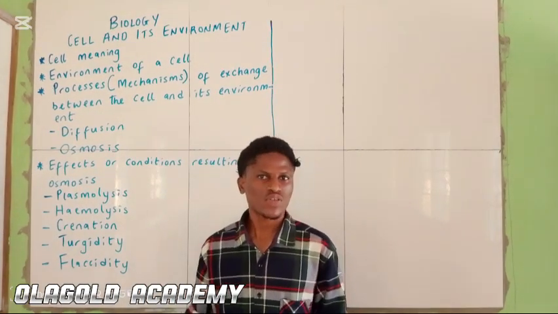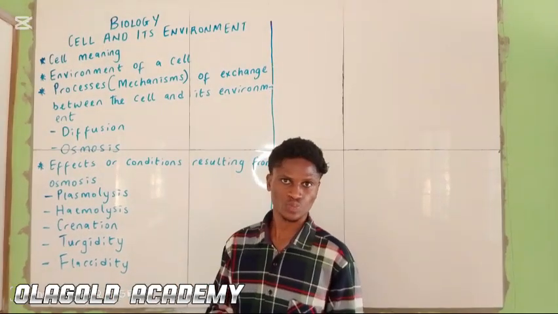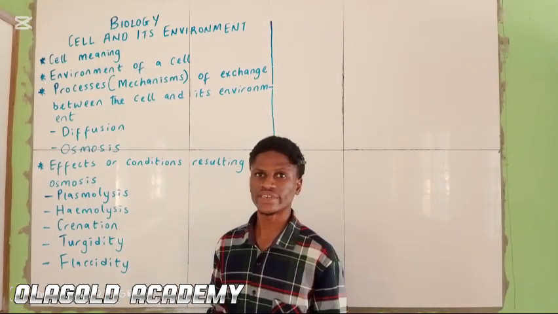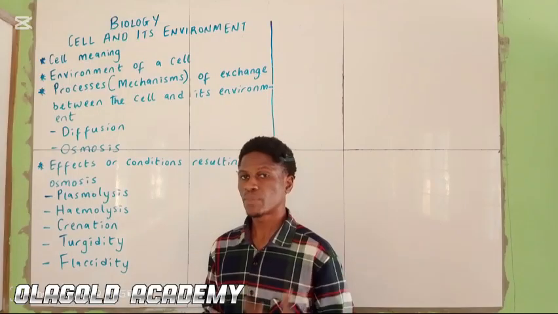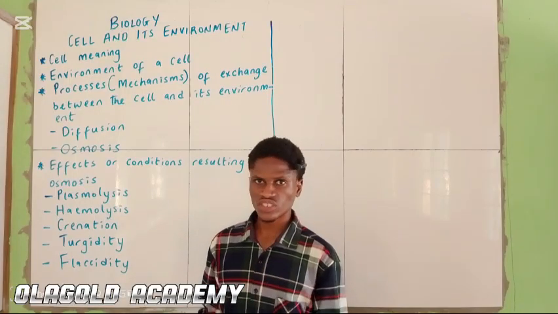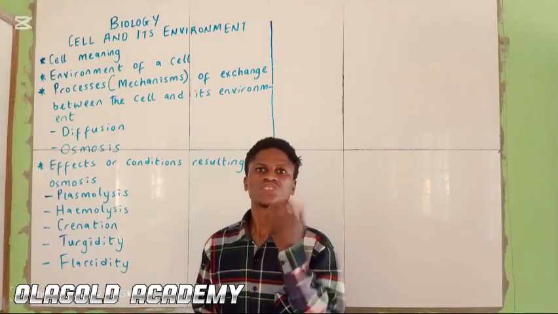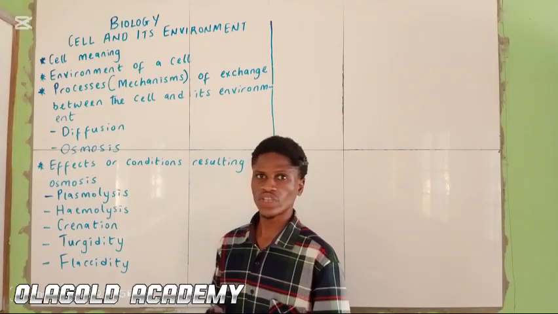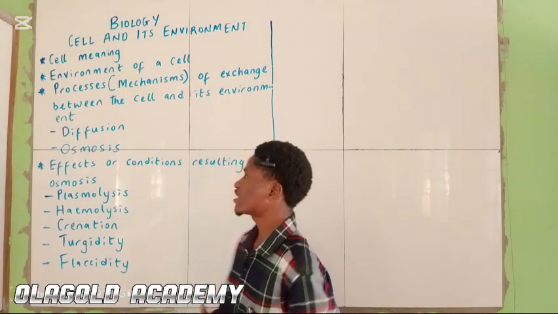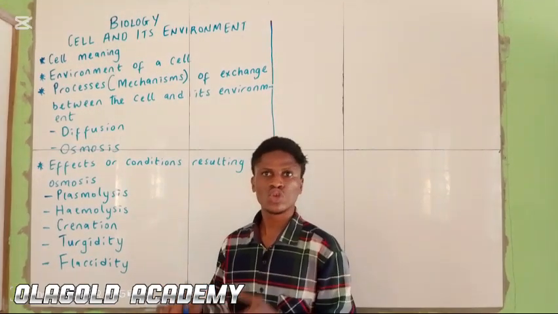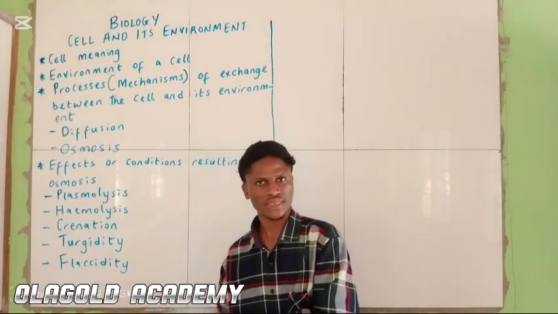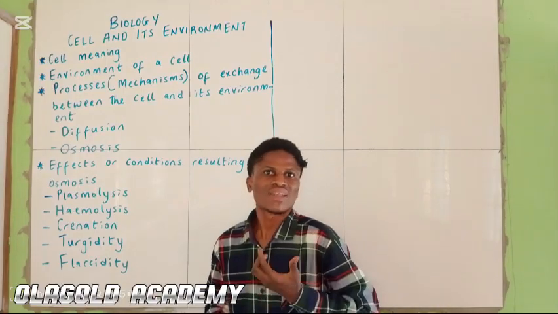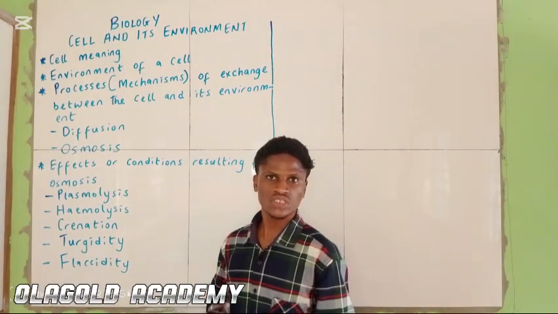Now, we have some factors that affect diffusion. Examples of them are the surface area, temperature, concentration, and size of the particles. For instance, hydrogen gas will diffuse much faster than oxygen gas because hydrogen gas is much lighter than oxygen gas.